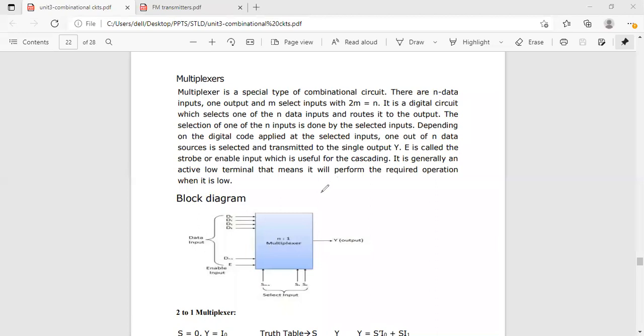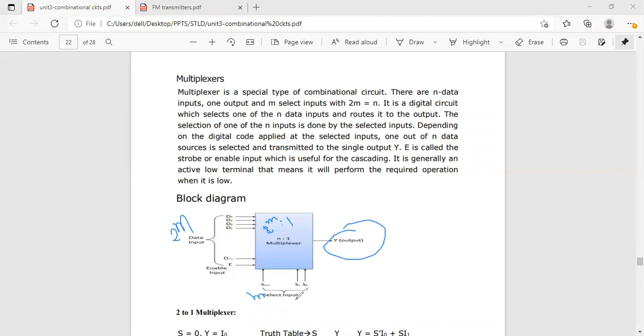It has 2 power m input lines and only one output. We have m select inputs, and 2 power m data lines, and only one output.